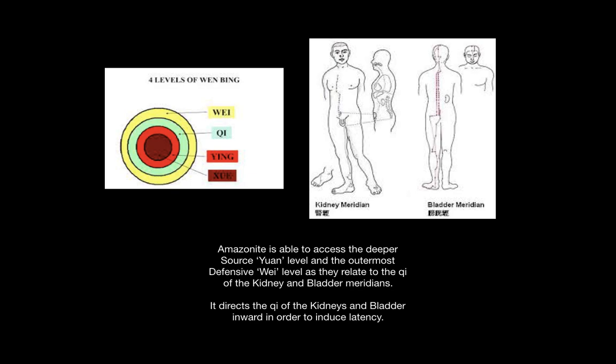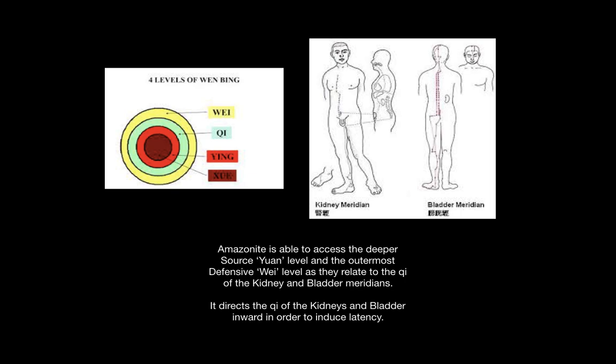On the screen you can see the 4 levels. The deepest level, the essence level, is the shu, and then followed by the blood or yin level, and the qi level, and then the outermost wei level.